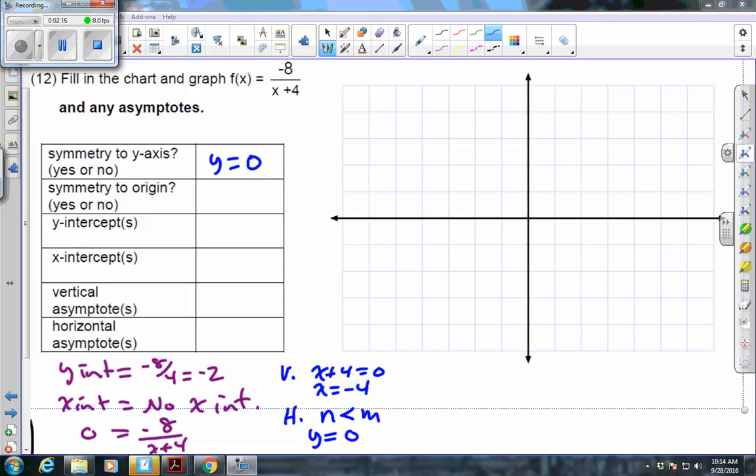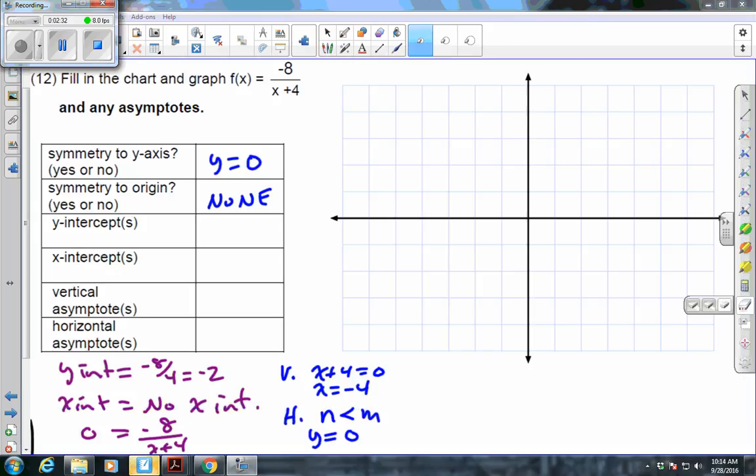So therefore there is no symmetry. Sorry, you guys, this should have been, there's no symmetry at all. None.